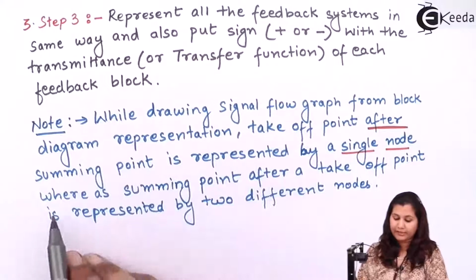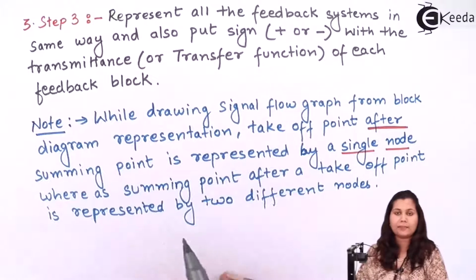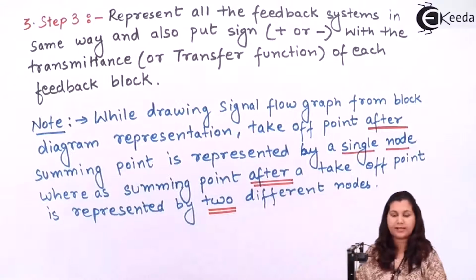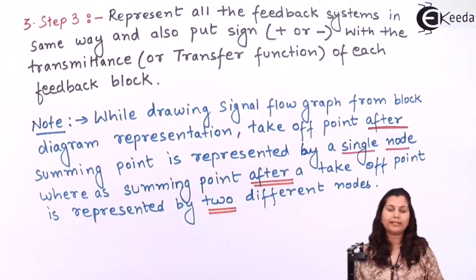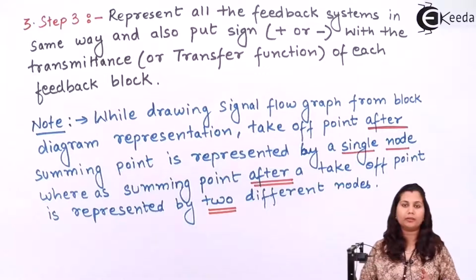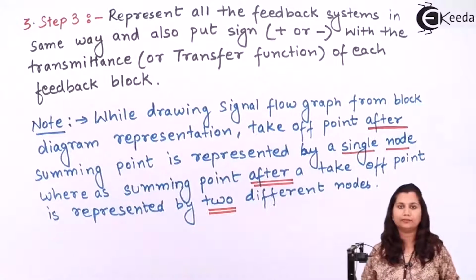But if the summing point comes after a takeoff point, it is represented by two different nodes. So you have to keep these points in mind whenever you are converting a block diagram to a signal flow graph.